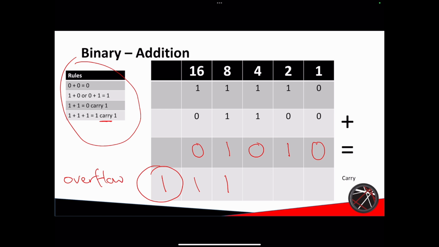If you notice across the top, we started with 5 bits. In other words, that's what we'd allowed. But what we've required here is a 6th bit. That 6th bit is an additional thing. So this is something that will come back again and again, to be honest, an overflow. But really what we're saying is that it doesn't fit within our pre-allotted number of bits.